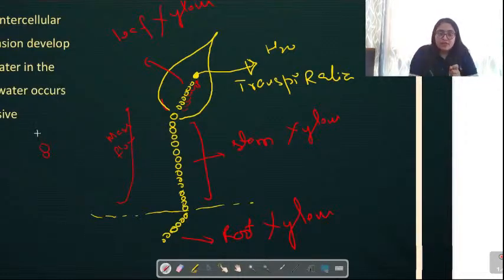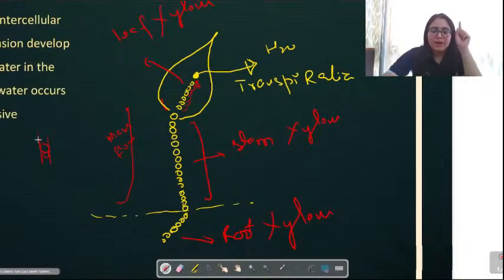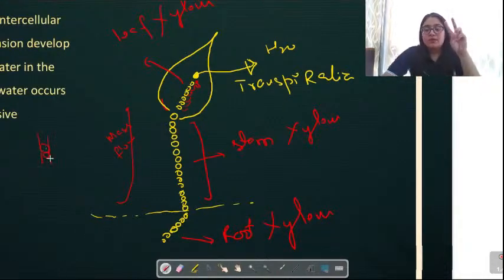And you remember, these water molecules need to travel in a pipe-like structure known as the tracheary elements, the xylem, the vessels, specifically the tracheids and vessels. The water needs to climb up, and water can climb up only because of two things.